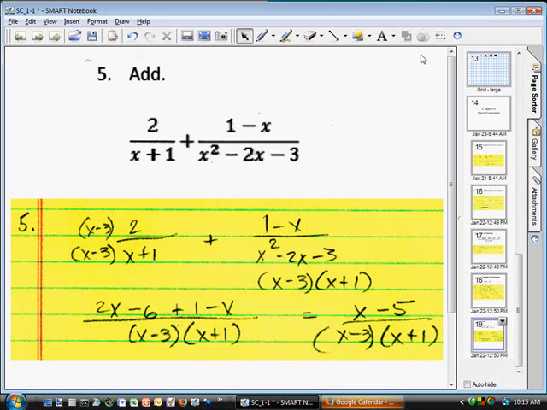I'll just ask if you have any questions there. All I did at the last step is combine the numerator like terms. Can't do any canceling. And I just want to repeat, it's perfectly okay. I really prefer that you leave your denominator answer in factored form instead of multiplying it out again.